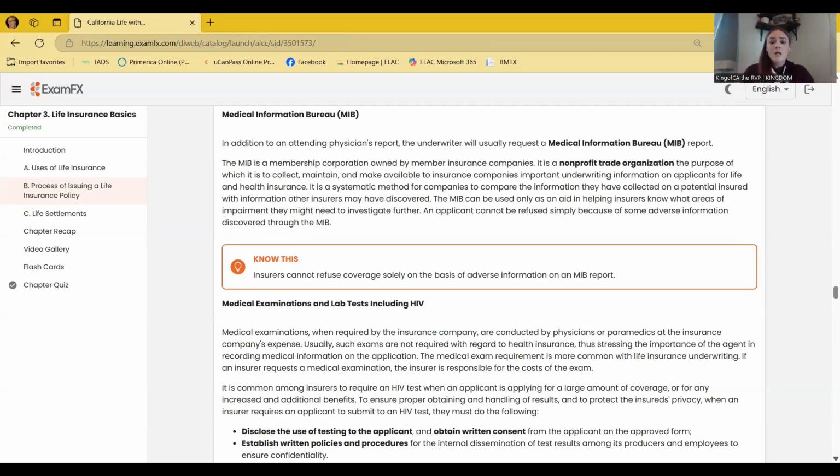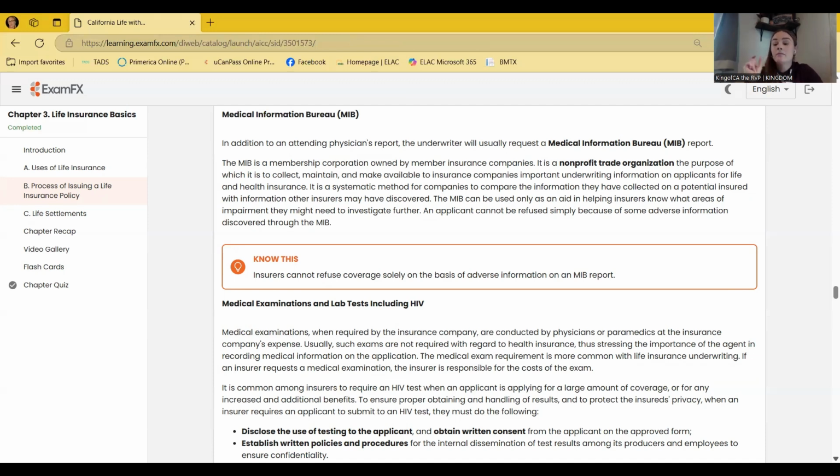So the MIB, and this we need to know for our test, is a member corporation. It's only owned and operated by members of the MIB, meaning different insurance companies, different health companies. So the MIB is a membership corporation owned by the member insurance companies.